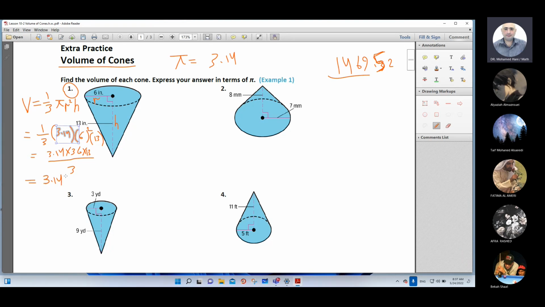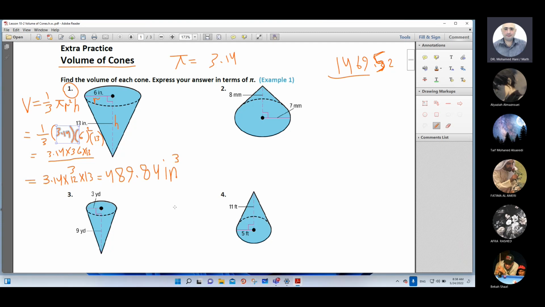So 3.14 times 12 times 13 equals, so the answer will be 489.84. And what is the unit? Inch cubed.